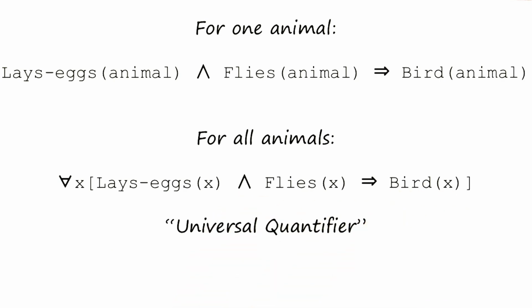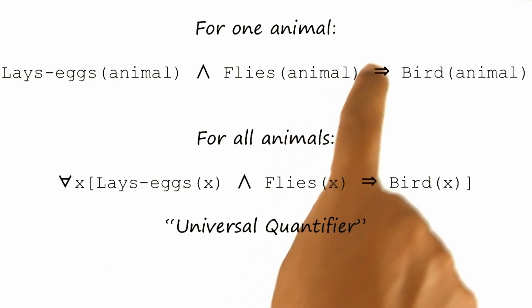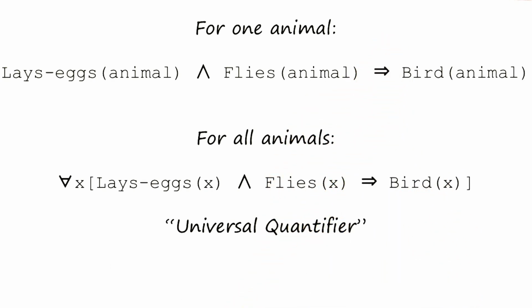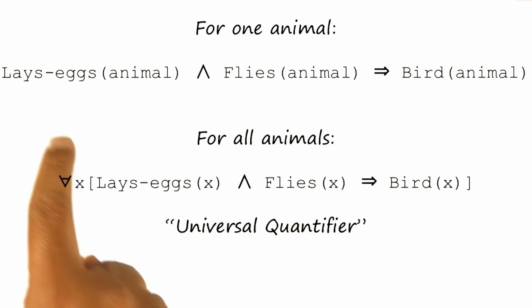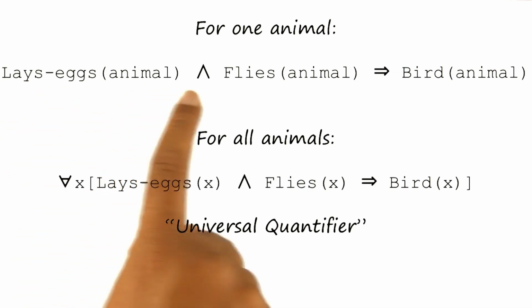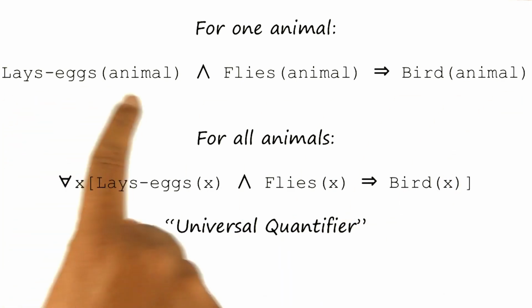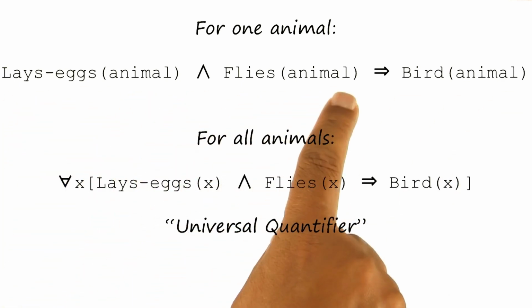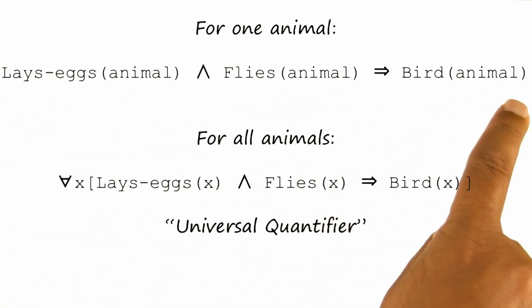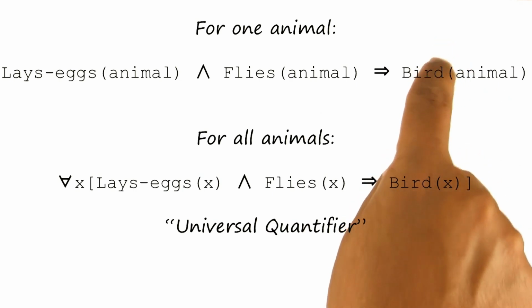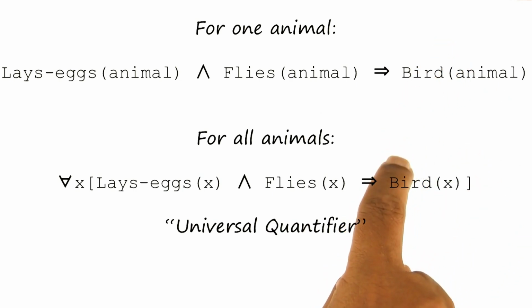One thing to note here is that I could have rewritten this sentence with a universal quantifier back into propositional logic by having lots of sentences like this in propositional logic. So I could have said lays eggs, animal 1, flies, animal 1, implies bird, animal 1, lays eggs, animal 2, and flies, animal 2, implies bird, animal 2, and so on and so forth for each and every animal that is possible.